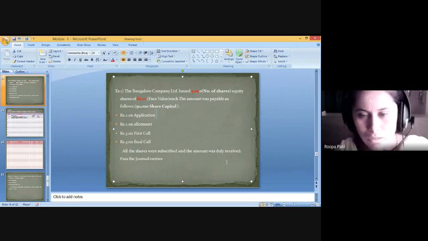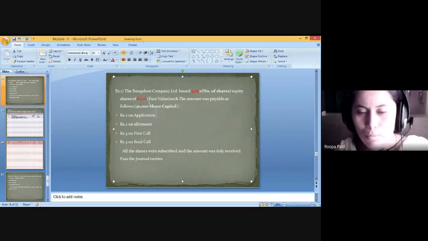So be clear which one is the share, which is the face value, and which is the share capital. If they mention 5,000 equity shares, that 5,000 is the number of shares. If they mention the value of each share, then it is the face value or the par value. Par value means the original value, the real value of the shares.